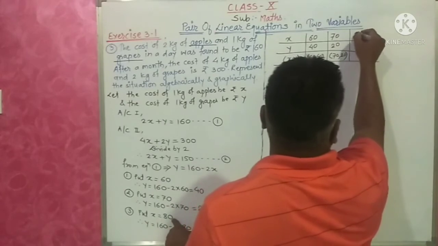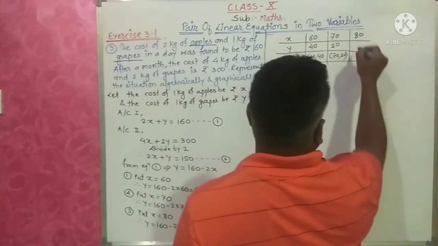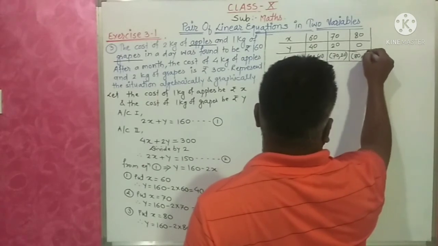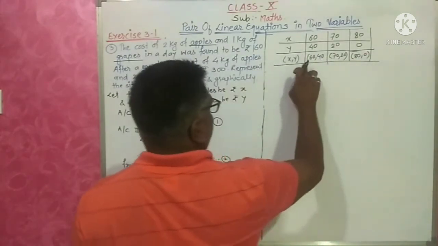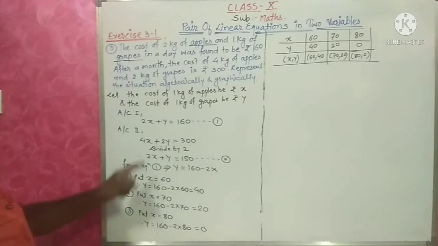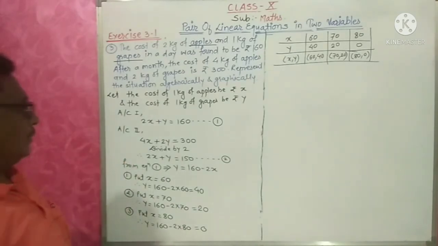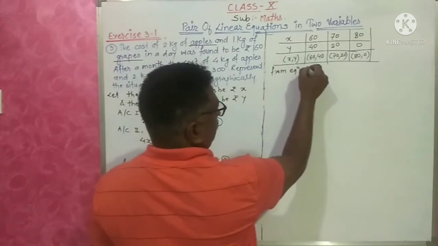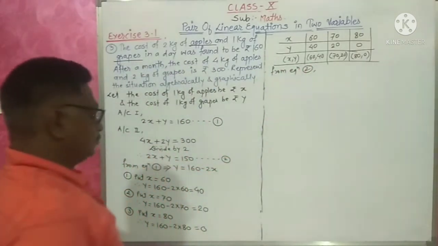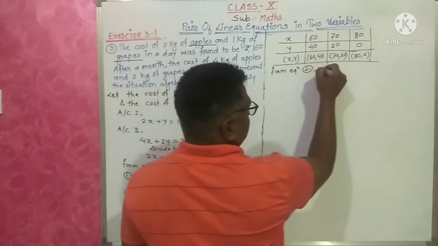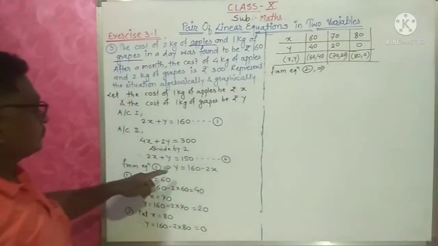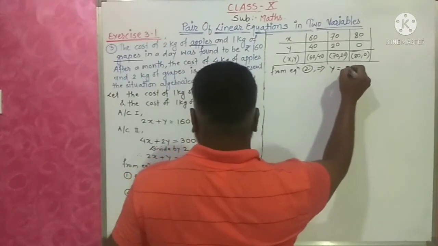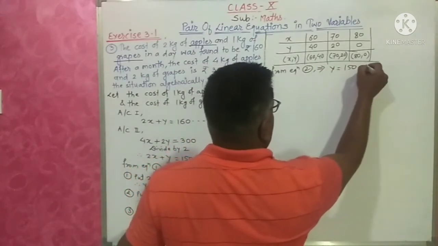Then third, 80, we got 0: (80, 0). So these are the solutions of the first equation. Now the second equation. From equation 2, we get y equals 150 minus 2x.